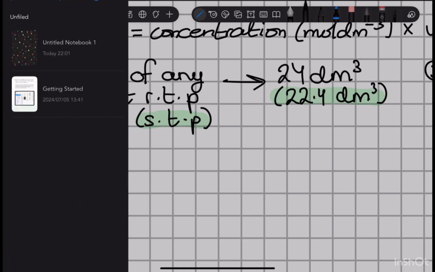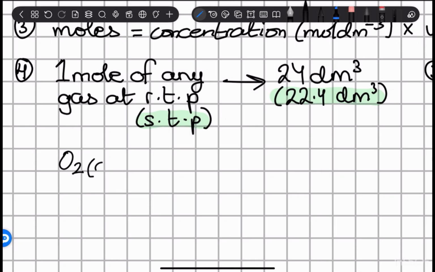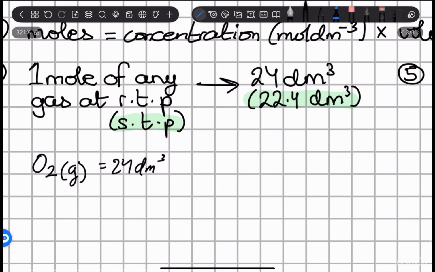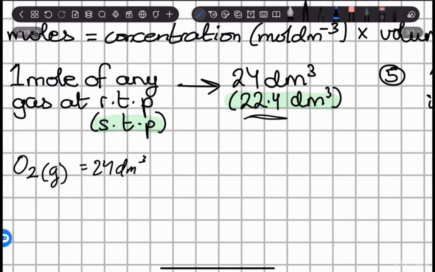So let's say 1 mole of oxygen gas at room temperature is 24 dm cubed. That's the volume 1 mole of oxygen gas will occupy at room temperature. Standard temperature and pressure is different, so that would be 22.4 dm cubed instead of 24.